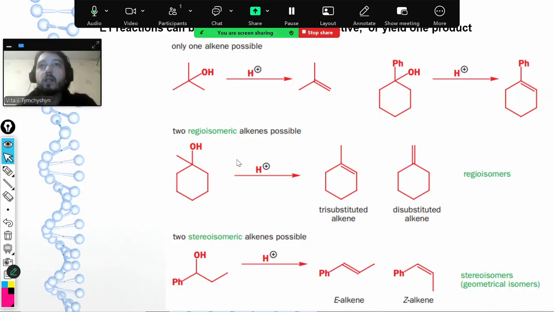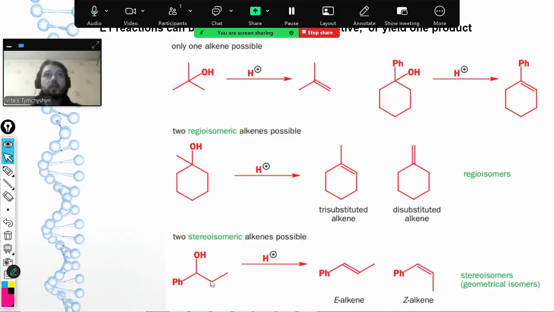You see that this OH group is basically leaving, and you can get either a double bond here or a double bond here, depending on which hydrogen atom you abstract. And here are two stereoisomeric alkenes that are possible. So once again, you protonate the oxygen, water leaves, and depending on the situation, you can get either the E or Z alkene, so cis or trans.